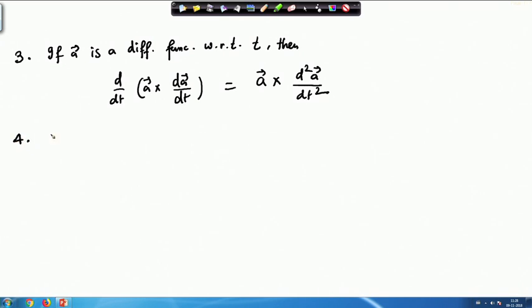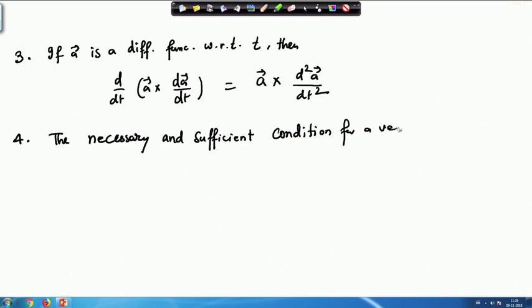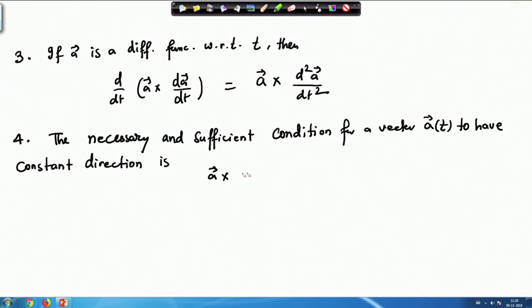The fourth property is the necessary and sufficient condition for a vector A(t) to have constant direction: A(t) cross dA/dt equals the zero vector.